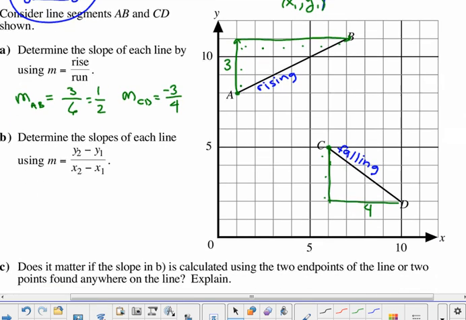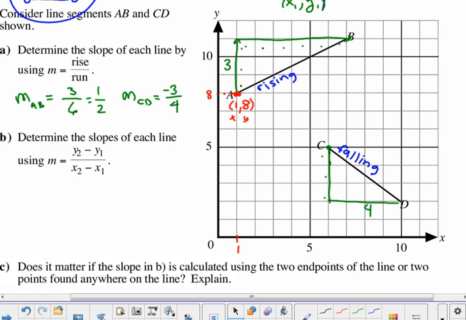It says determine the slopes of each line using the formula. So we have to figure out the points. Starting with A, remember x is first, so x is 1, comma, 8, and that's your y, so x comma y, right? It was 8 high, and horizontally it was 1.